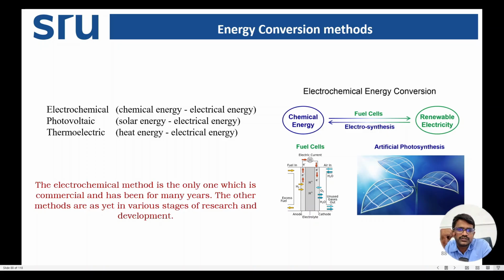Most electric vehicles are run by lithium ion batteries, which means it is a proven and commercially used technology. That's why electrochemical methods are a bit ahead of other energy storage technologies.